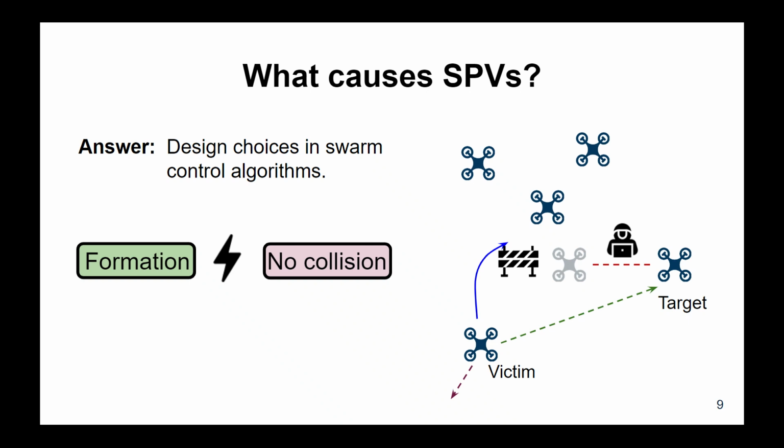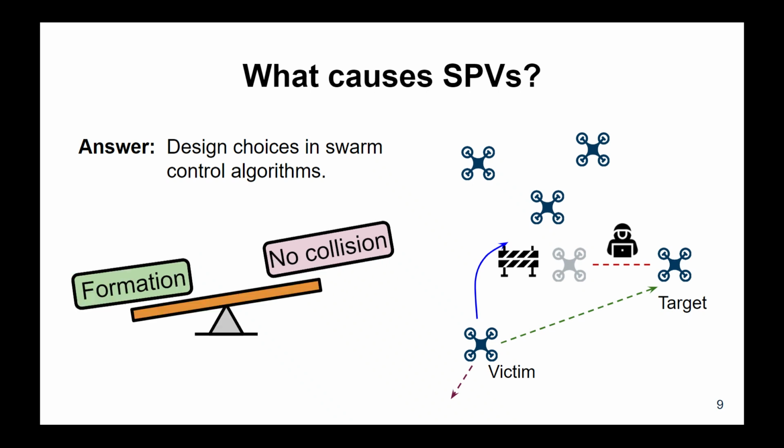For example, if the swarm control algorithm prioritizes the goal of maintaining the formation, that is, assigning a larger weight to the side velocity of the green arrow, it is possible that the overall velocity of the victim drone will point towards the obstacle, and this will cause a collision. Therefore, it is the design choices in the swarm control algorithm that cause the SPVs.